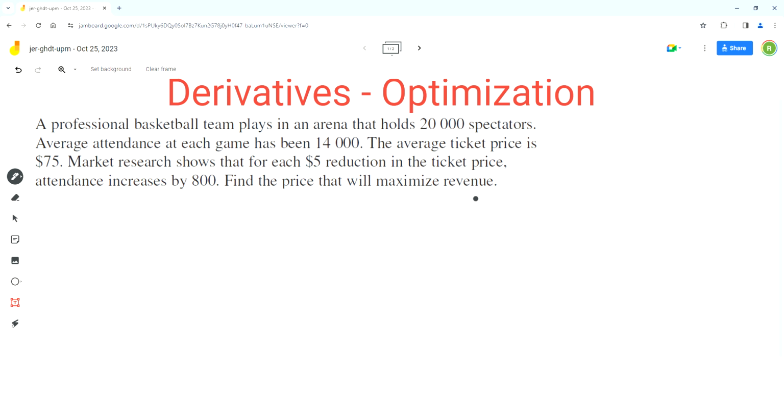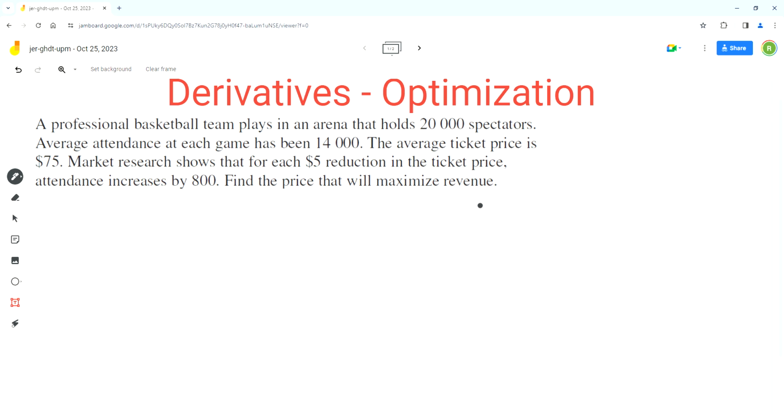So we are given that the average attendance in a basketball game is 14,000 and the average ticket price is $75. Now we have to find by how much the ticket price of $75 should be changed to maximize revenue.